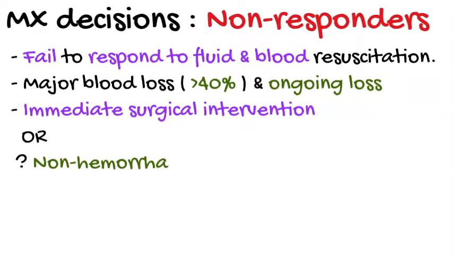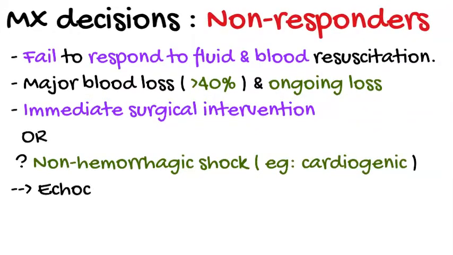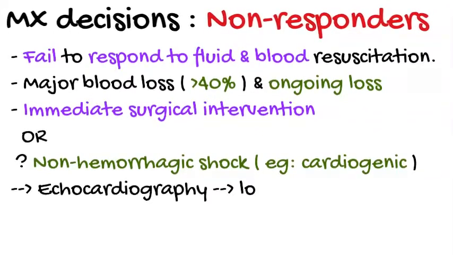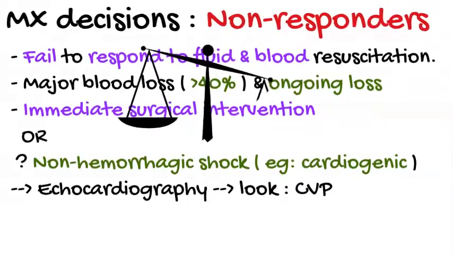In these non-responders, immediate surgical intervention is advocated, or other causes of shock need to be ruled out, for example non-hemorrhagic shock such as cardiogenic shock. In this case, we need to request an echocardiography, look at the CVP, central venous pressure, and measure it.